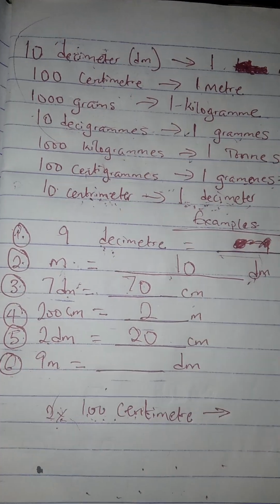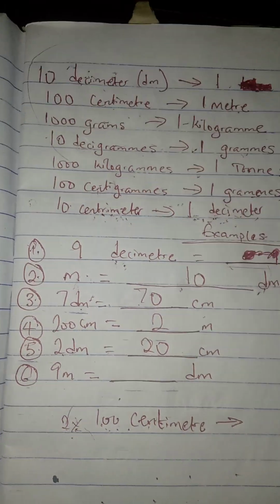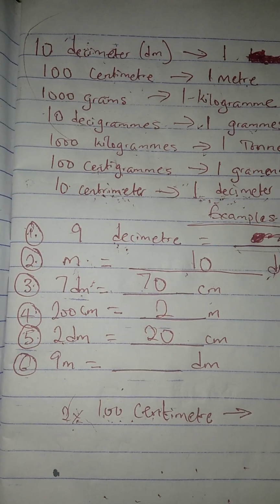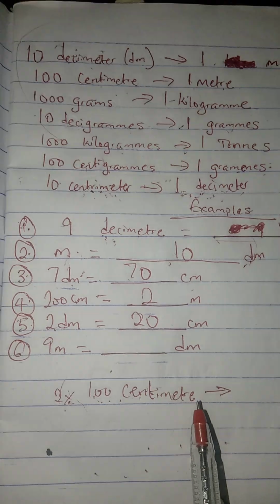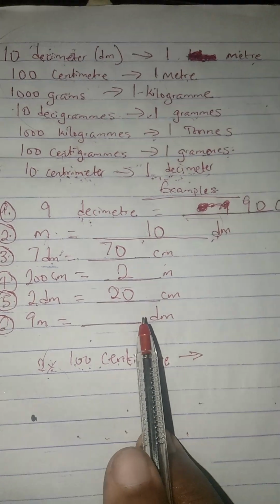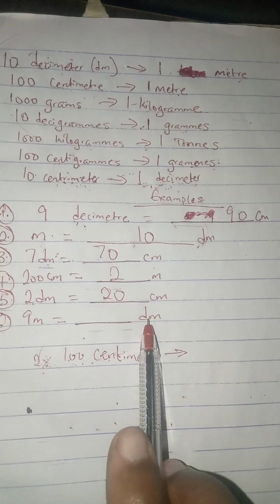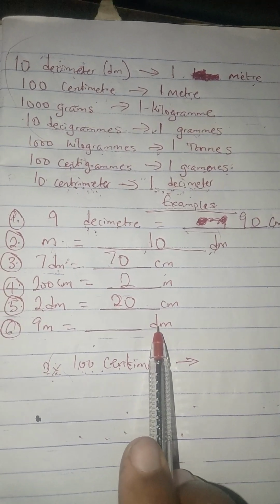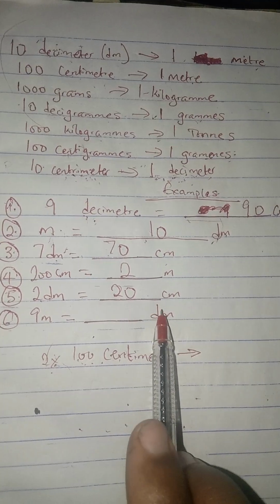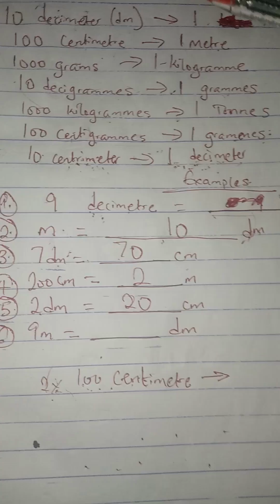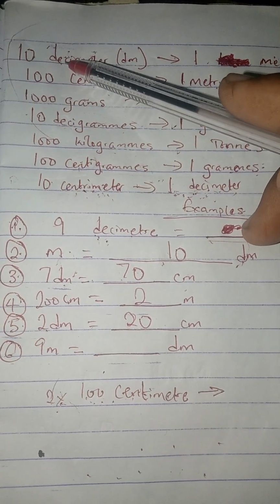Let's look at the next question here. Now we have 9 meters equals to how many decimeter? This is a simple question, because remember D stands for 10, right? Now 10 decimeter will give us 1 meter. Remember this deci means 10.